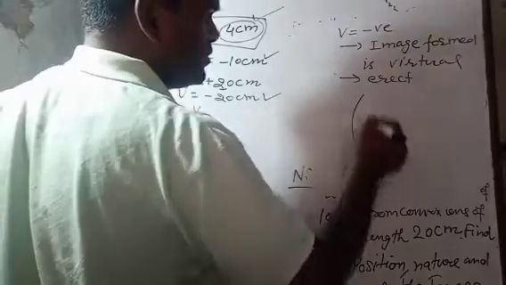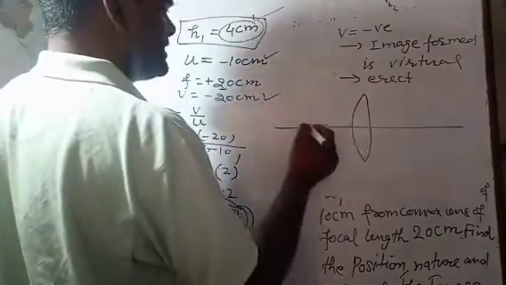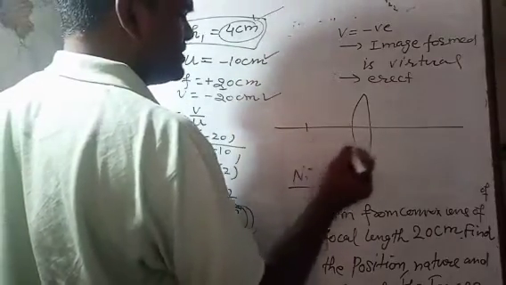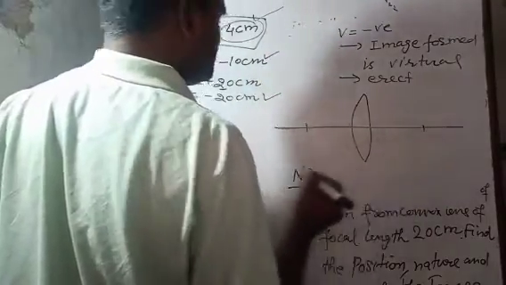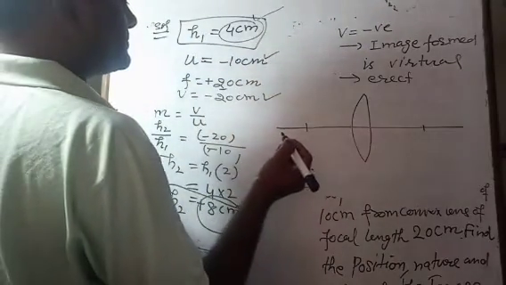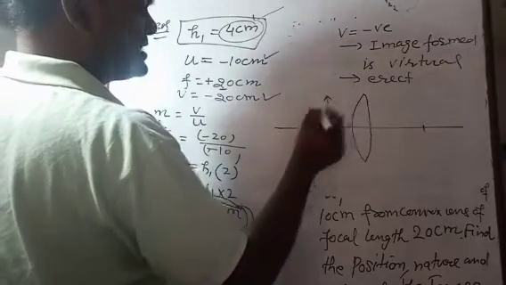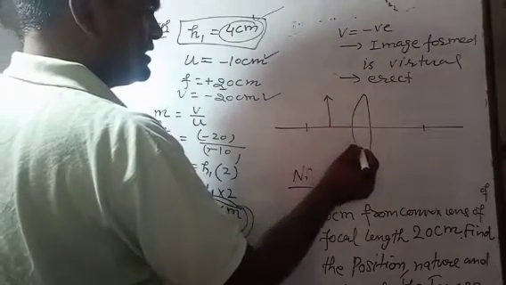So if now you are supposed to make the ray diagram, you can make a ray diagram such that focal length is given as 20 centimeter, and object was placed at minus 10 centimeter, somewhere.